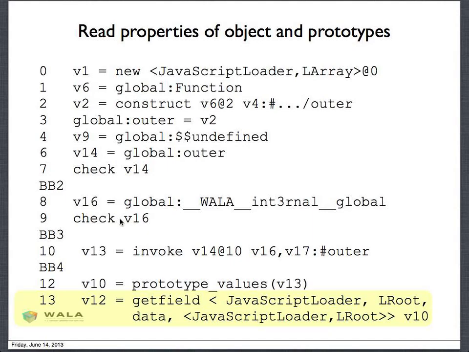So the invoke instruction in Wala is actually a hierarchy. There is an abstract notion of an invoke, and then there are specific instructions that are specialized for Java and JavaScript semantics. And then there are other statements like this one, check, which are just specific to JavaScript. It doesn't make sense in Java to try to refer to a local variable that doesn't exist, because the language actually has scope rules.